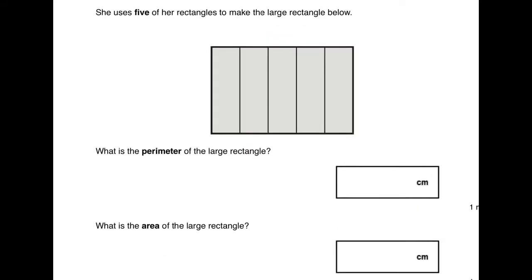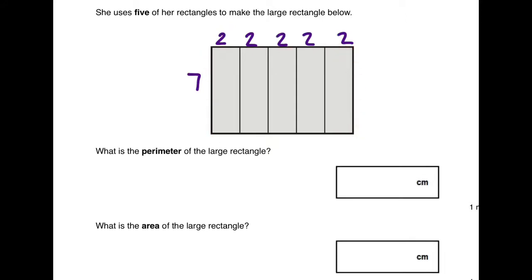So we know that each of these top edges is going to be 2. And we know that this longer edge is going to be 7. It asks us, what's the perimeter of the large rectangle? So large rectangle means this one that she's made, that she's put together.